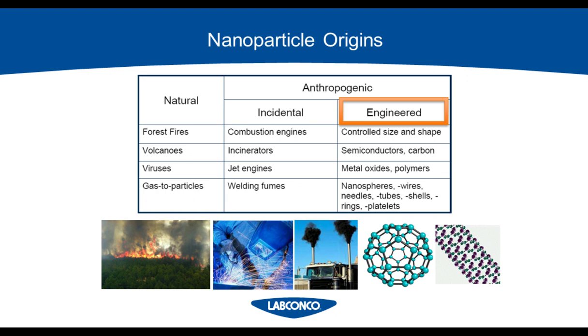Nanomaterials are also generated from a couple of different sources. So here you'll see a couple of examples of natural versus engineered nanomaterials. Scary thought, but nanomaterials are in environments that we pass through every day. They're in exhaust, they are produced by wildfires, and even some organisms produce things that are in the nanomaterial size.